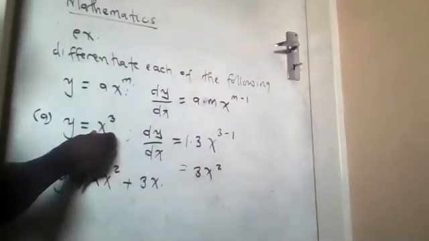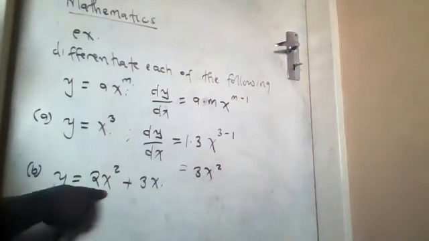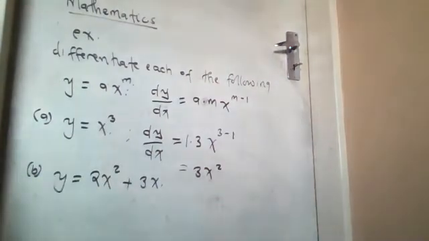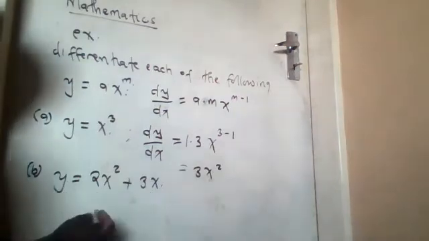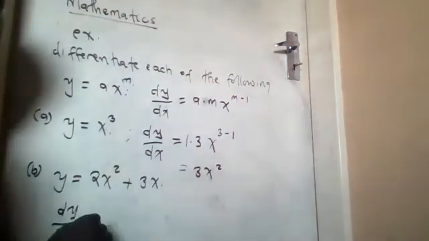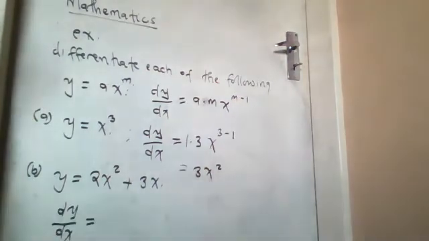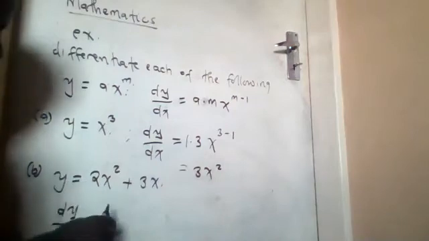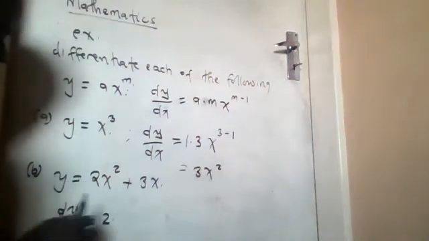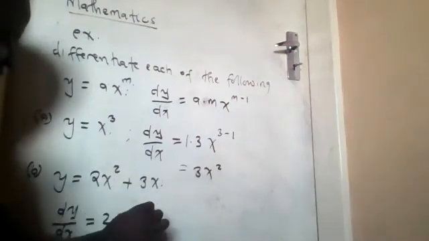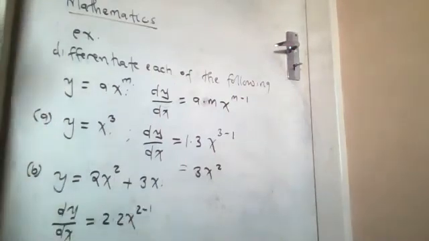So the same thing we did to this x power 3, we're going to do here, plus we also do it to that other one. So the change in y over the change in x, dy dx, will be: our coefficient is 2 times our power, which is 2. Then we write x, we write the power, then we subtract a 1.